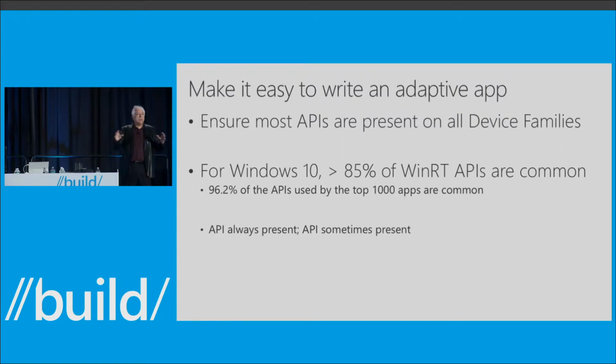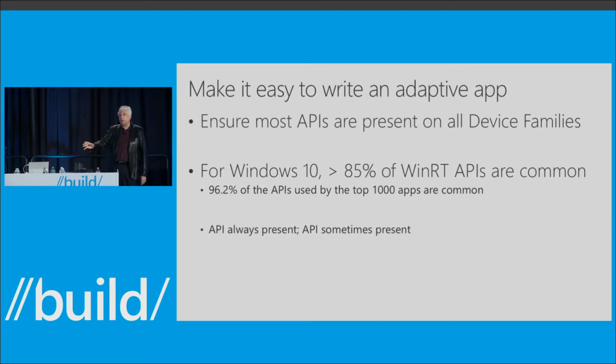So all the printing APIs are there, but when you start the flow of using it and say, get me the default printer, it'll come back and say, there aren't any. Same thing it would do on a desktop if there was no printer plugged in, because conceptually there's no difference there. Xbox will always say there's no printer, even if you plugged one in, because it doesn't support them.